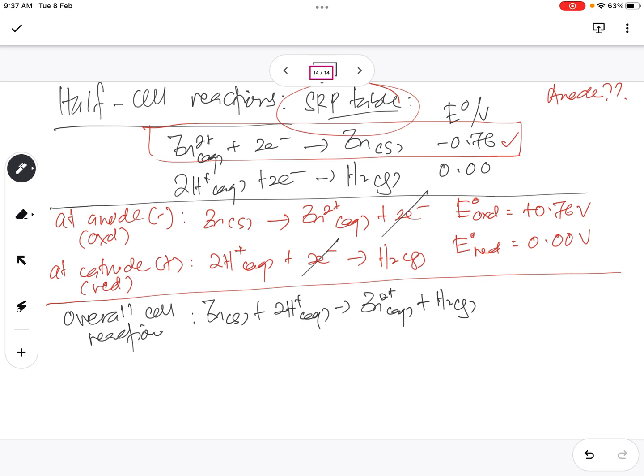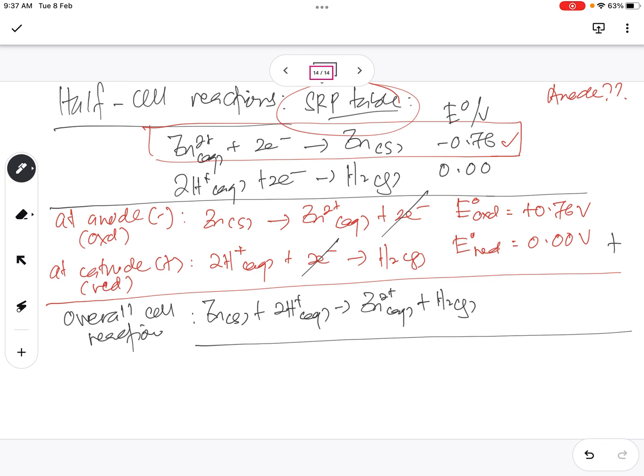Okay, H2 gas. Can you get the overall equation? Yes, sir. So when we add these two, what do we get? Good.